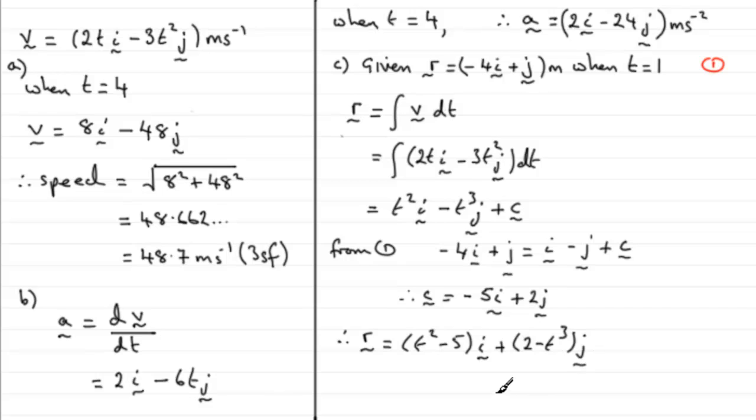Okay? So we had to find out the position vector of the particle P when t equaled 4. So all I need to do is just substitute that value of 4 into here for t.